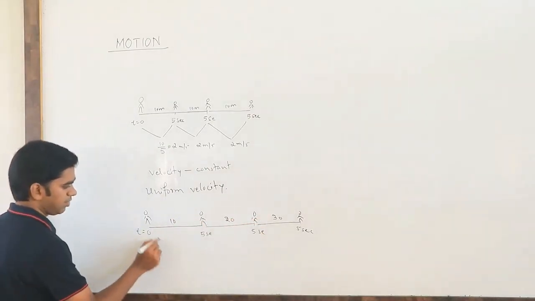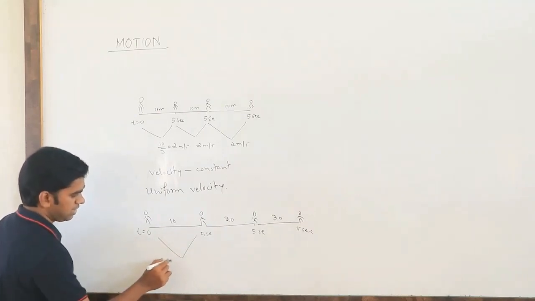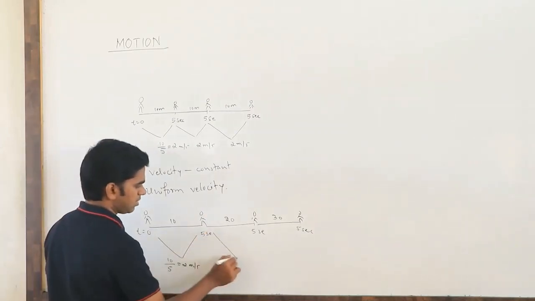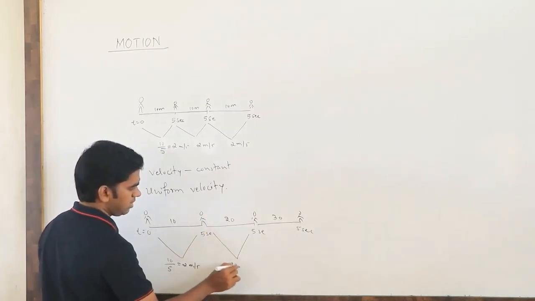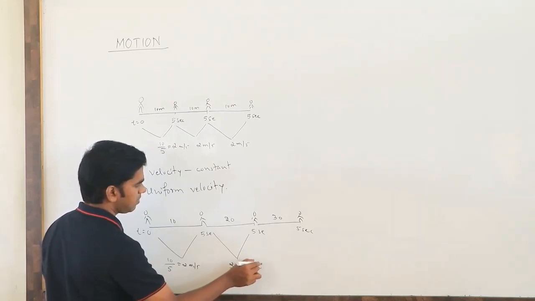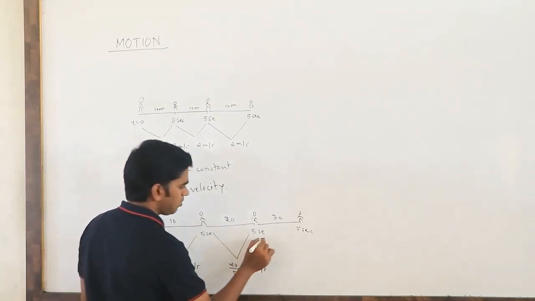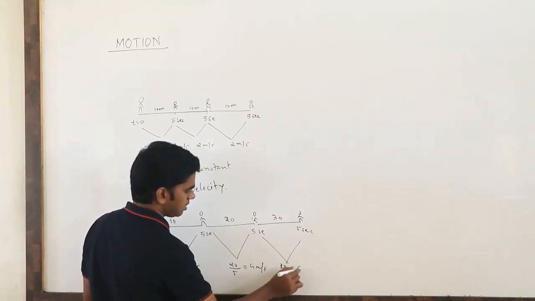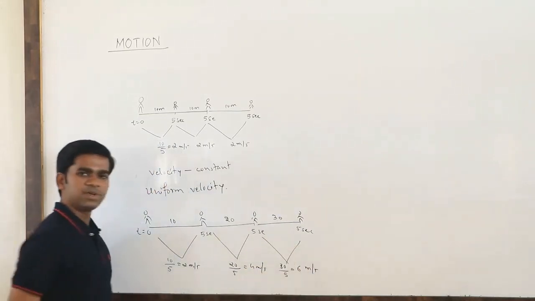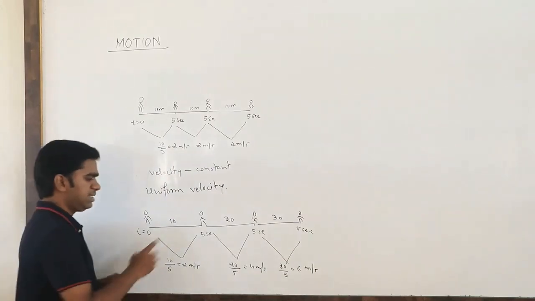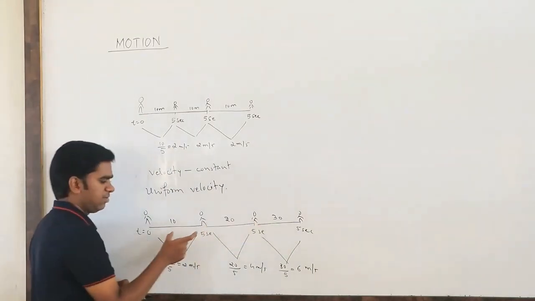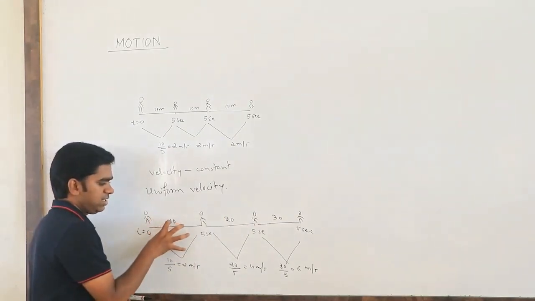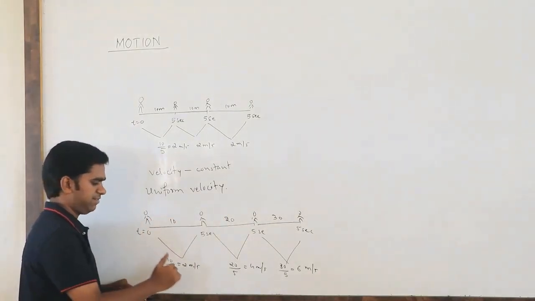Now if I calculate the velocity here, velocity is 10 by 5, that is 2 meter per second. Here velocity is 20 by 5, so it is 4 meter per second. Here velocity is 30 by 5, so that is 6 meter per second. In the same interval of 5 seconds, distance traveled is different, which means velocity in the first 5 seconds is different.